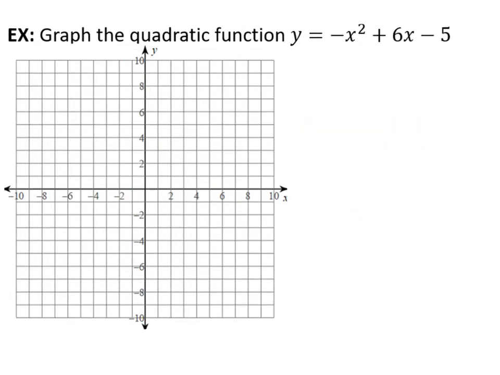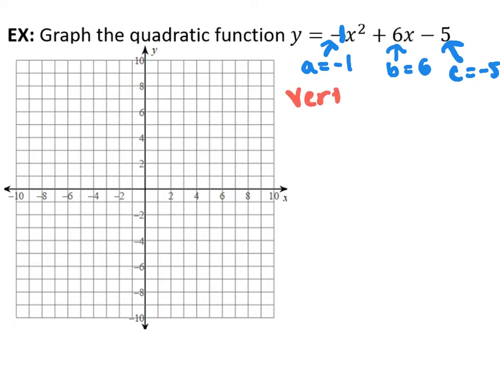In our second example, we have the equation y equals negative x squared plus 6x minus 5. So in this case, this is really a negative 1. So we could say a equals negative 1, b equals 6, and c equals negative 5. Now if we want to calculate the vertex, the x-coordinate is negative b over 2a.